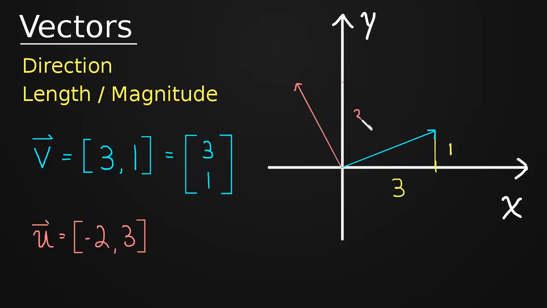So this would be 3 in y and -2 in the x direction. And there's our vector. Nothing to it. And of course, we could have written this as a column vector, (-2, 3), if we wanted to.